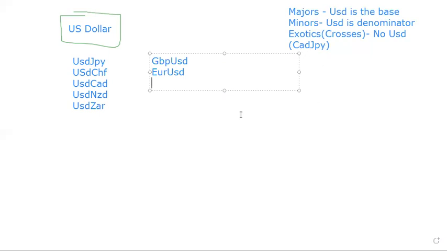So what we want to do is define the strength of the US dollar. There's a commodity that people also use to analyze it, called the US dollar index, also called DXY. I have a couple of friends who trade that.